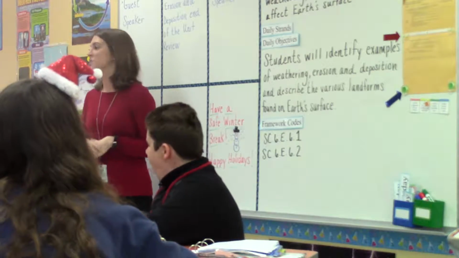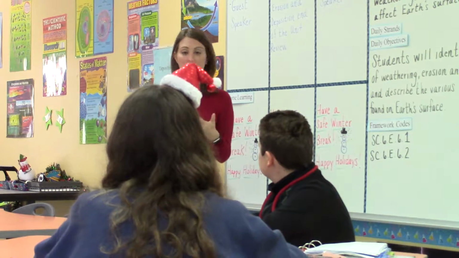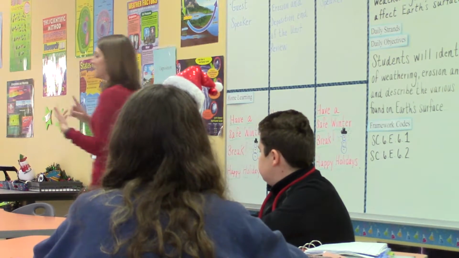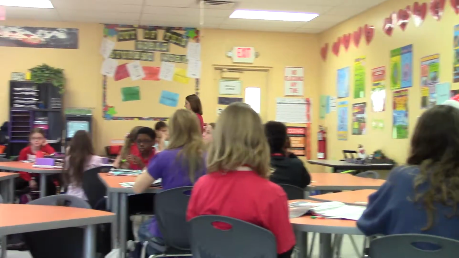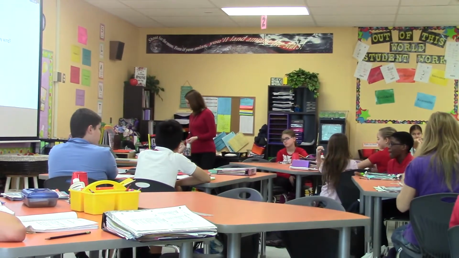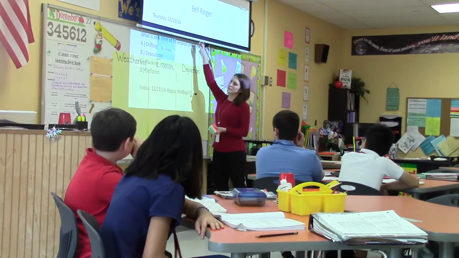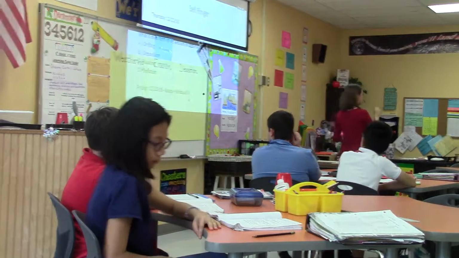Very good. Okay, so we are wrapping up a unit. So today is kind of like a review. Everyone should feel comfortable about weathering, erosion, and deposition. Okay? What you guys are going to do now is each group is going to get the color Post-its just like we've done before. And behind my screen here, I have 3 pieces of paper. Don't worry about the blue one on the top.